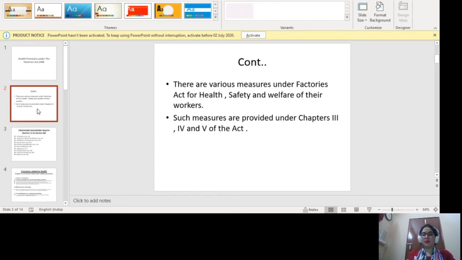Such measures are provided under Chapters 3, 4, and 5 of this Act. Today, we are going to do health measures, health provisions.